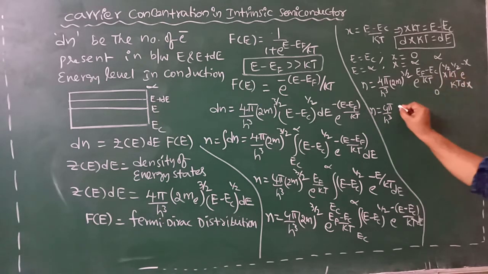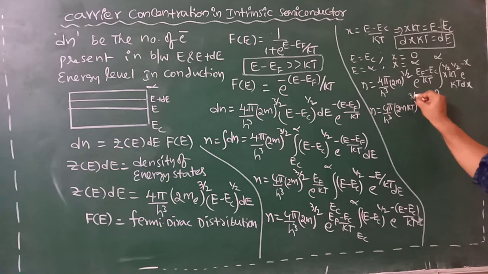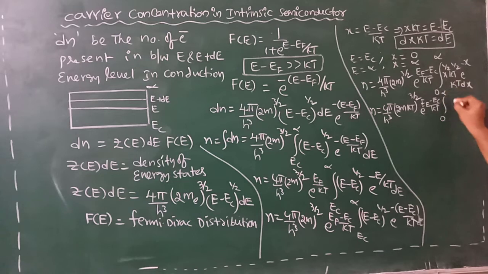We can write this as (2m kT) whole power 3 by 2, e power (EF minus Ec) by kT, integral 0 to infinity of x power 1 by 2 e power minus x dx.